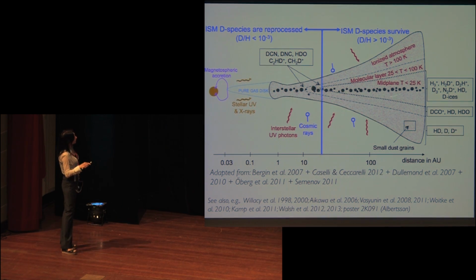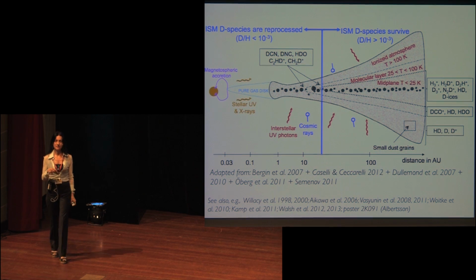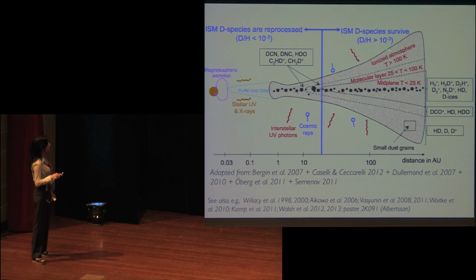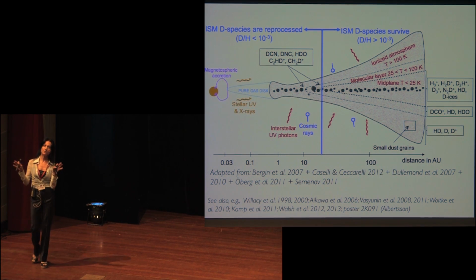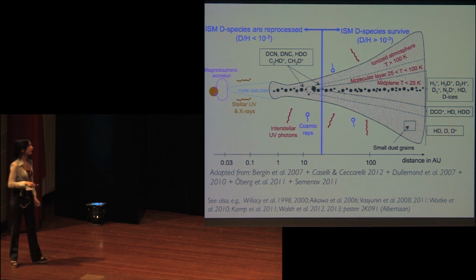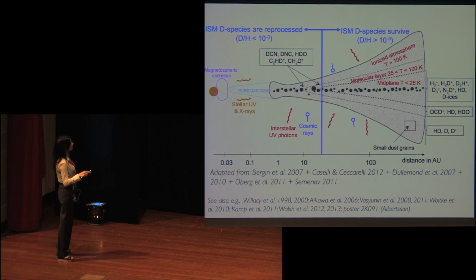What it shows here is several layers of this disk. We start from the ionized atmosphere, where the temperature of the gas is large, and we have mostly photochemistry going on. Then we have the molecular layer, where you are now UV screened, so molecules can survive and thrive, and we have a temperature between 25 and 100 Kelvin.